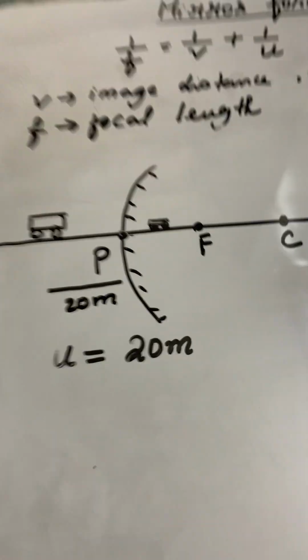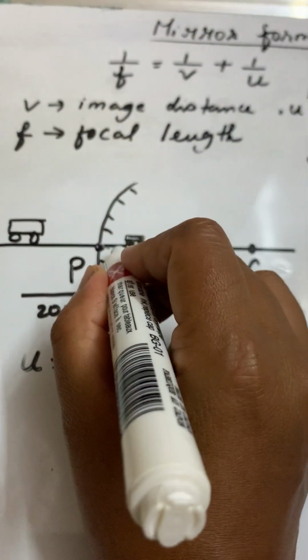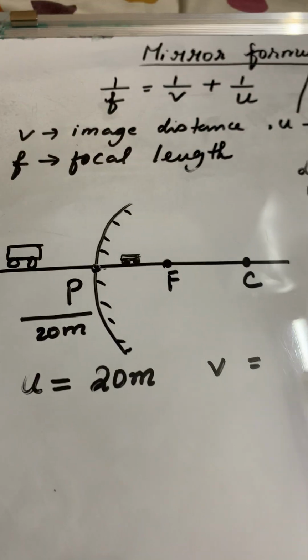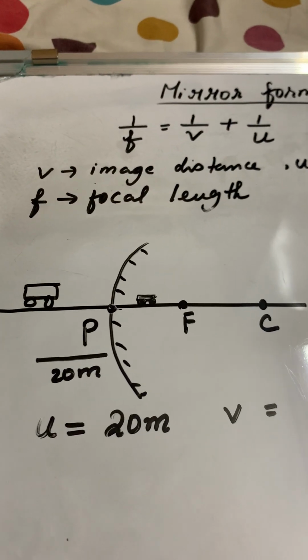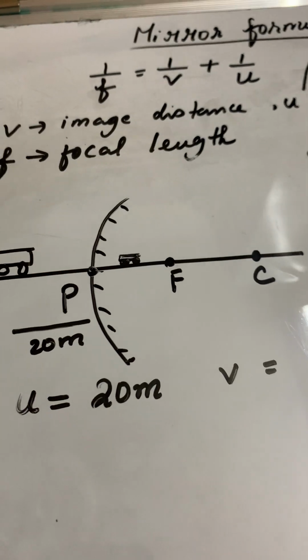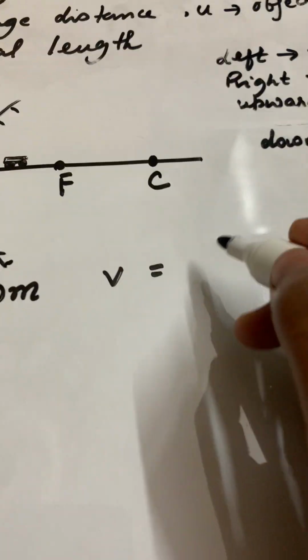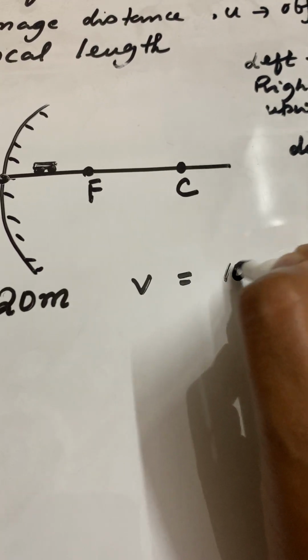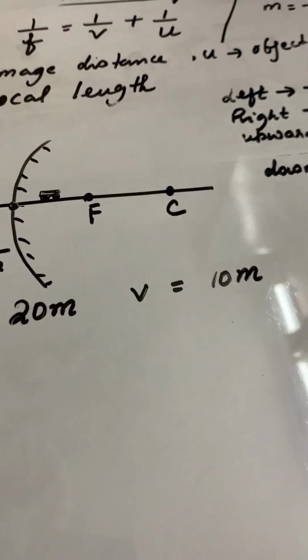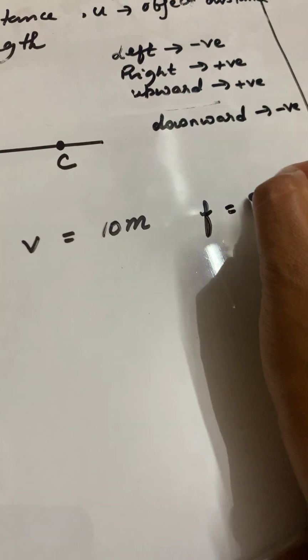And its image is nearer, right? That's why you have seen in a side mirror, objects in the mirror appear nearer than they really are. As the image is nearer to the pole, let's say this is 10 meter. The question says find the focal length of the mirror.